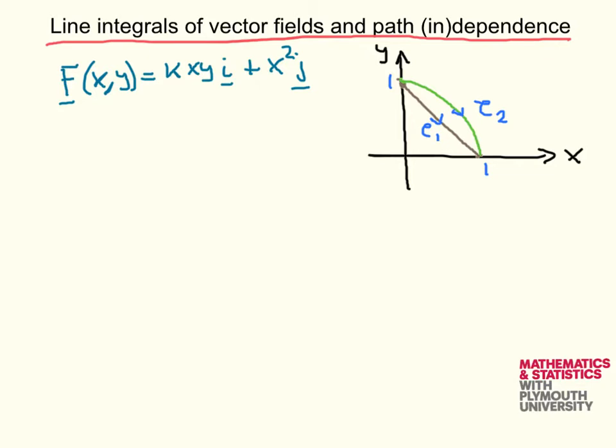So for the path C1, we have a straight line, and our parameterization of a straight line is going to be r, the position vector on the straight line, as a function of our parameter that I'm choosing to call t, and it's going to start at the initial point, which I can call r sub i. So in this case, this is our initial point.